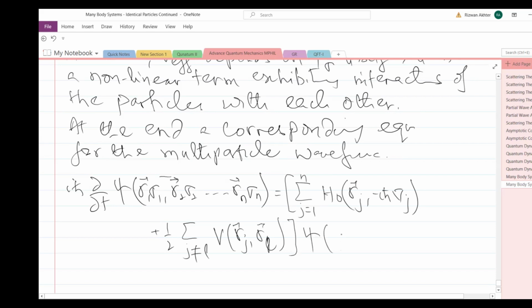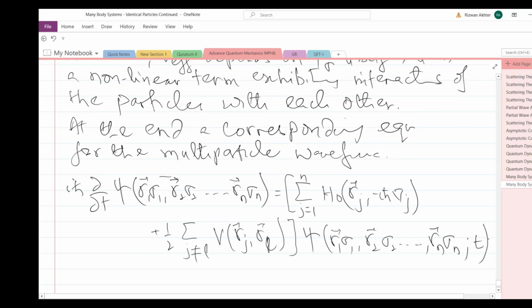Psi of R1 sigma 1 comma R2 sigma 2, so on up till Rn sigma n, t.